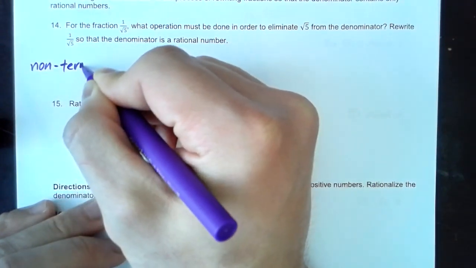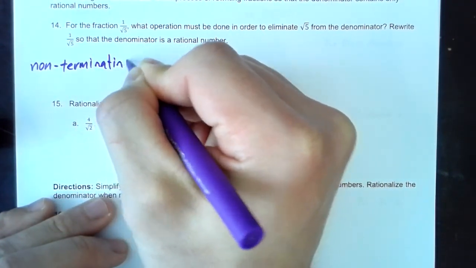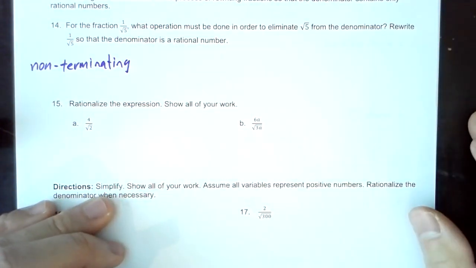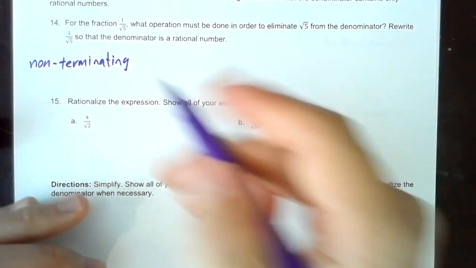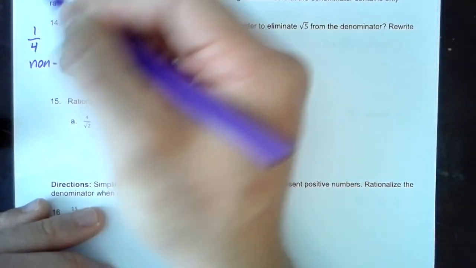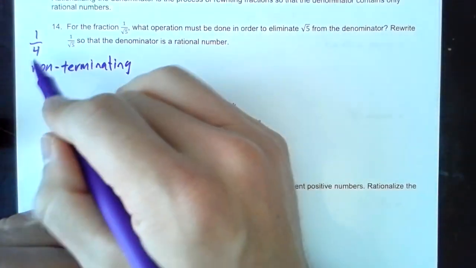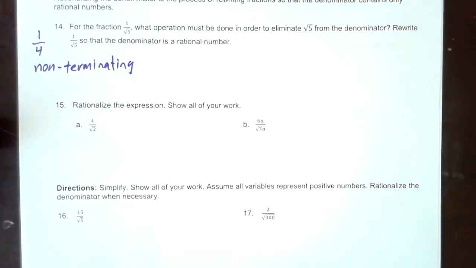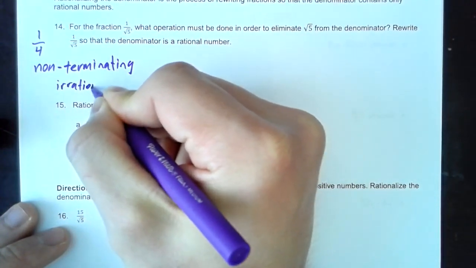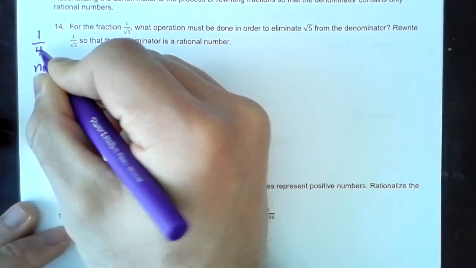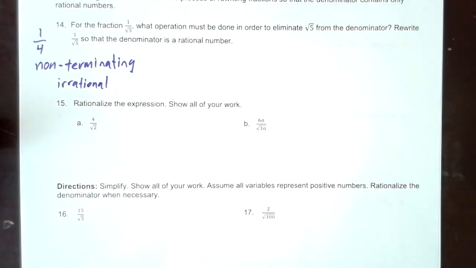So if you told me that you had a total amount that was non-terminating, that just doesn't sound possible. Let's think about it in terms of probability. 1 out of 4 is written as 1/4. If you told me that the denominator was a number that did not stop and did not have a pattern, aka irrational, that should not happen when the denominator should be the whole.